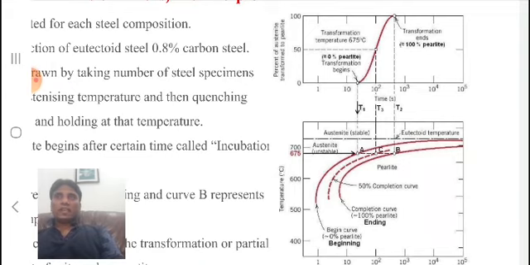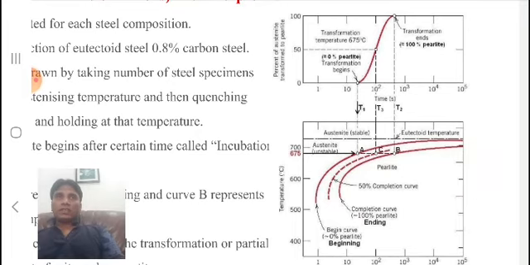So this is a time saving process, to save energy, because we cannot hold these specimens at that temperature even after the transformation is completed. That will consume a lot of energy.